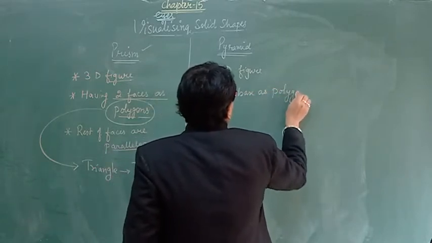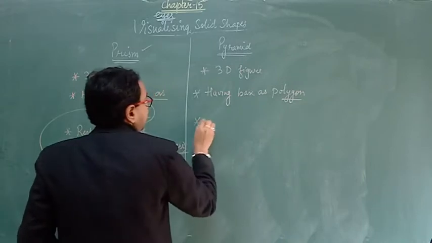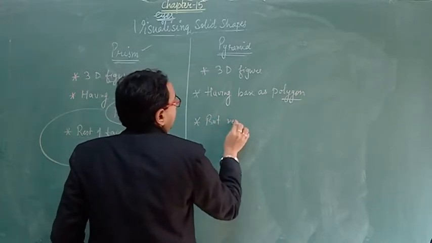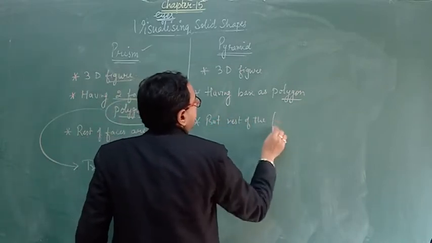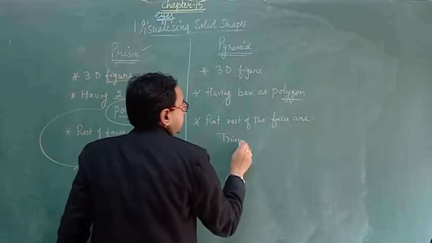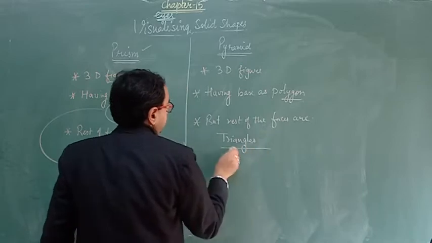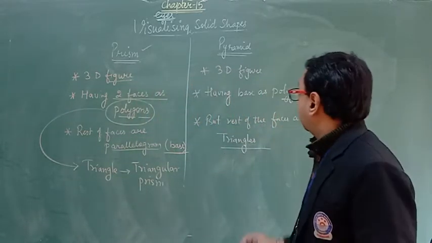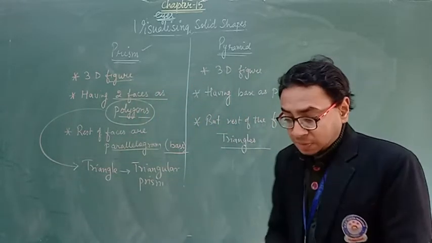That polygon can be any, but the rest of the faces are triangles. Are we clear?